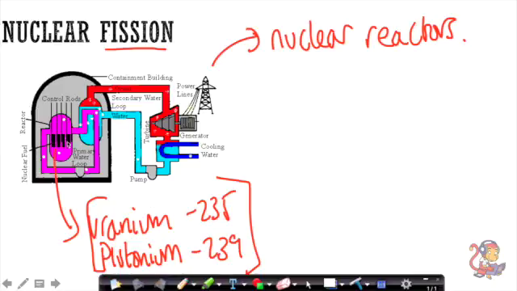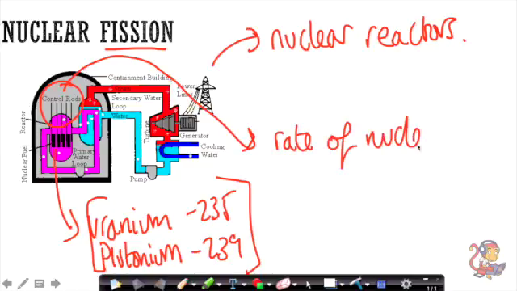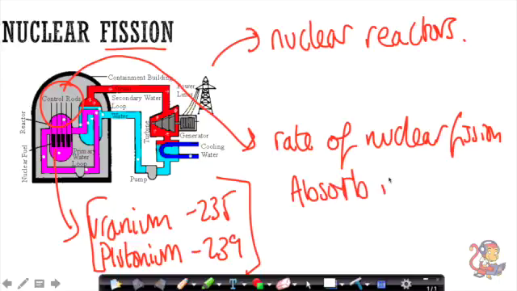Now, inside this reactor, this is where nuclear fission will happen. So these nuclei will be absorbing the neutrons and splitting and releasing more neutrons and, most importantly, energy, which will then heat the water. Another important thing about this, though, is the control rods in there. What these do is they control the rate of nuclear fission, and these are really important. They absorb neutrons.